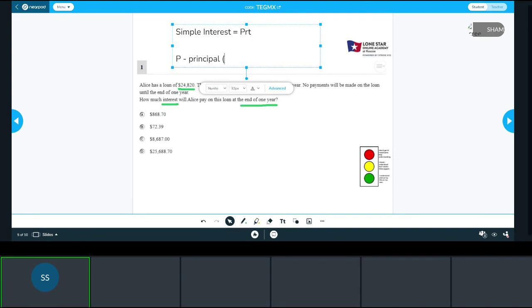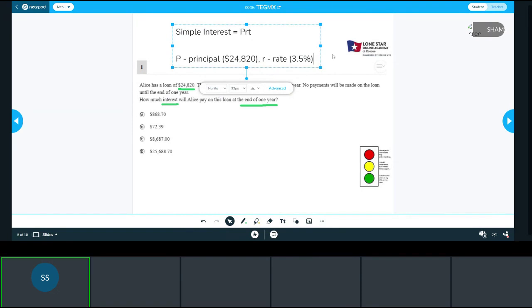It is 24,820. And that's the amount borrowed. Then R represents rate of interest. And in this question, how much is the rate of interest? Let's move the box a little. It's 3.5. So 3.5% is the rate of interest.